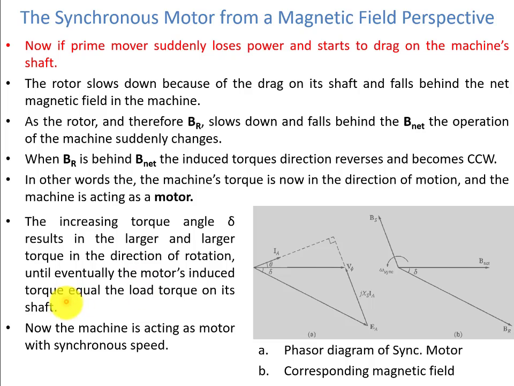You must remember that whether it is a DC machine, induction machine, or synchronous machine, the motor will produce the same torque as the load connected to its shaft. So now the machine is acting as a motor at synchronous speed. This is the phasor diagram of the synchronous motor corresponding to the magnetic field. This is the magnetic field, and this is the equation that we have written for the generator.